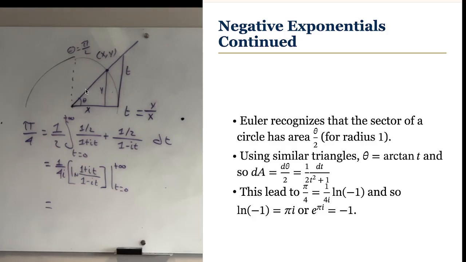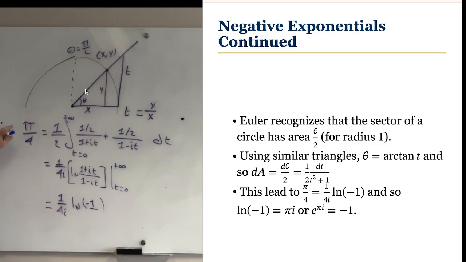Okay, now notice what's going to happen. When t is equal to 0, we're going to have natural log of 1 over 1, which is 0. And then when t is equal to infinity, obviously we need to take the limit of this as t goes to infinity. But the limit of this as t goes to infinity is going to be natural log of minus 1. So this is going to be 1 over 4i times the natural log of minus 1.